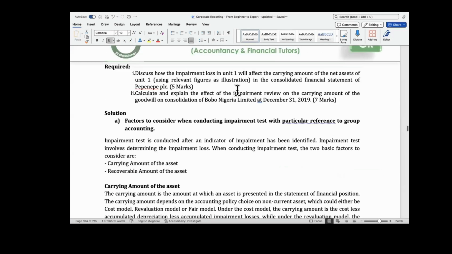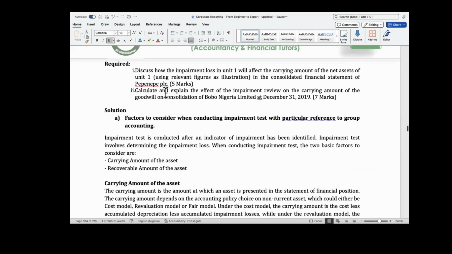Now, the second question says, calculate and explain the effect of the impairment review on the carrying amount of the goodwill of Bobo Nigeria Limited on December 31st, 2019.